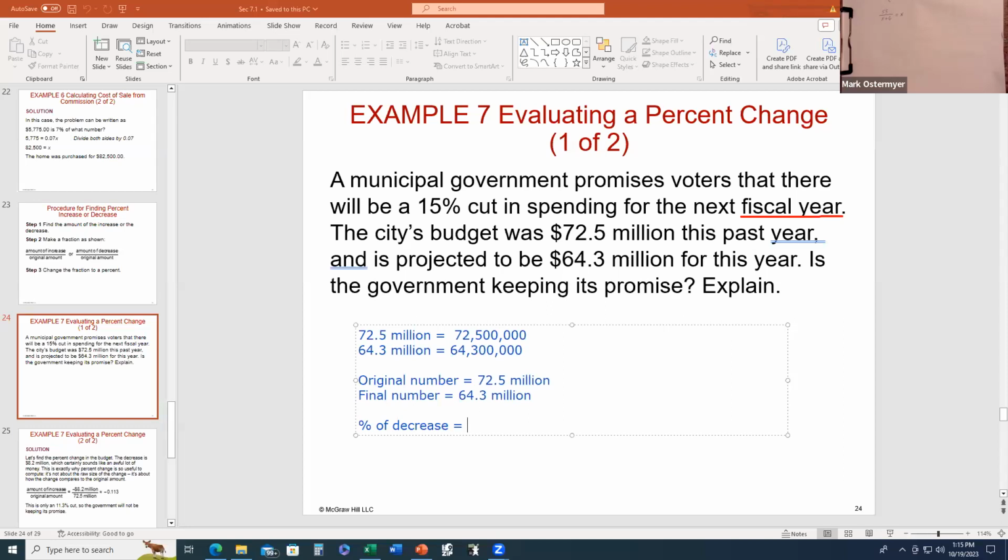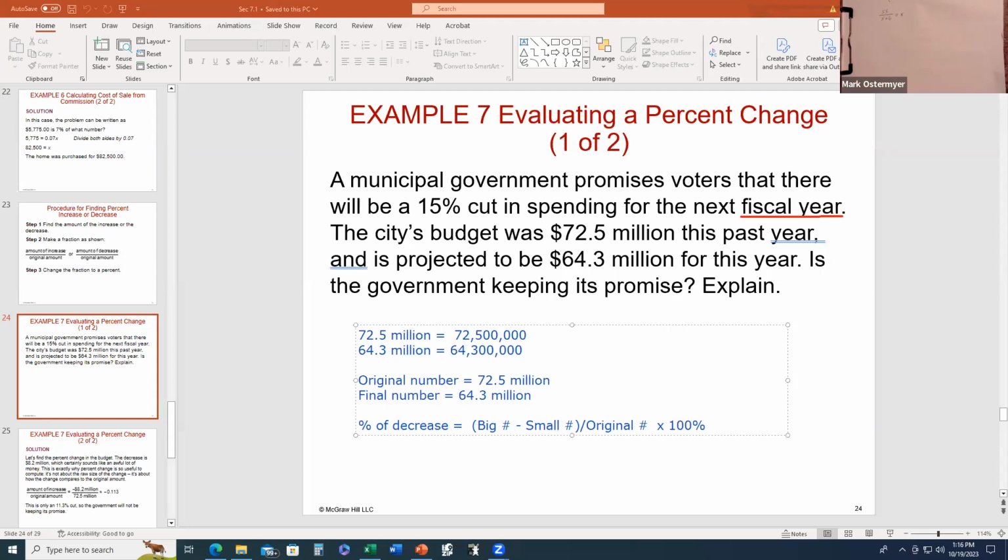Here's how we do it. We're always going to take the big number and subtract off the small number. And we're going to always divide that by the original number. Then we're going to multiply this whole thing by 100%.